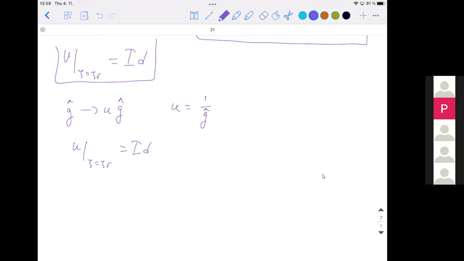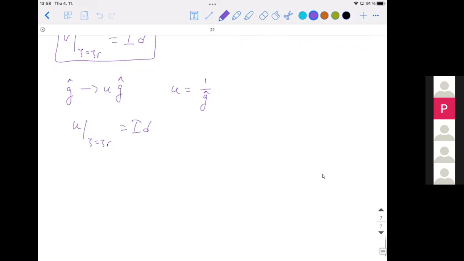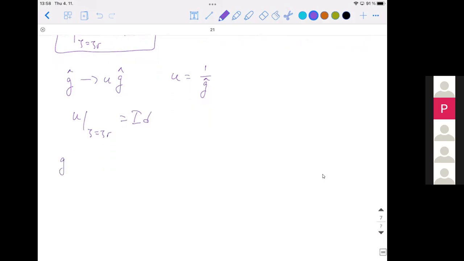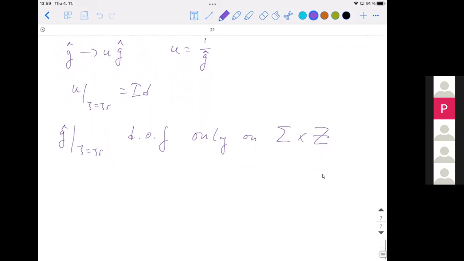So the only remaining gauge fields are at the poles actually. So we have G, these are the degrees of freedom only on the poles.